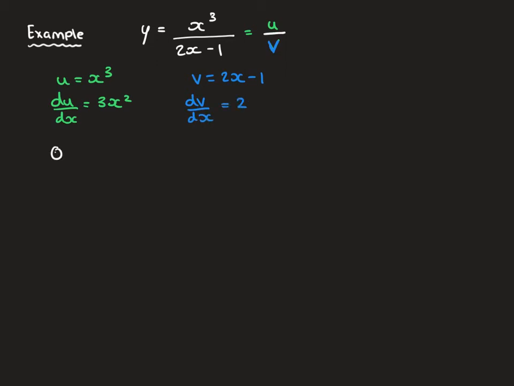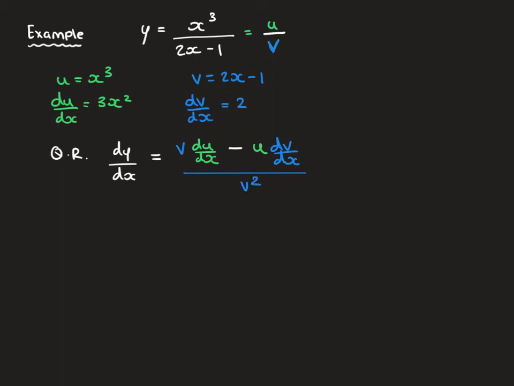Now, the quotient rule tells us that dy by dx is equal to v multiplied by du by dx, subtract u multiplied by dv by dx, and it's all divided by v squared.